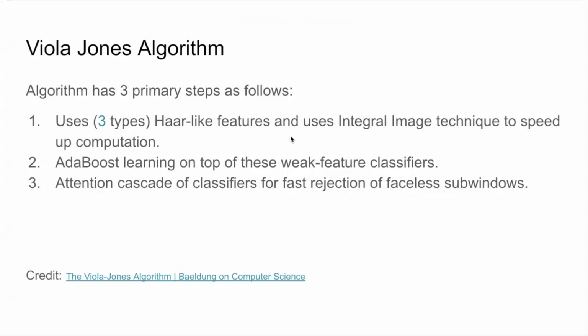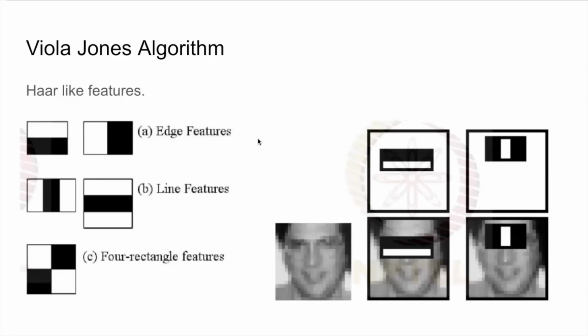The second step is AdaBoost, which learns on top of these weak feature classifiers. And the third is an attention cascade of classifiers for the fast rejection of faceless subwindows. The Viola-Jones algorithm was first created to identify faces in an image. So we'll look into that.